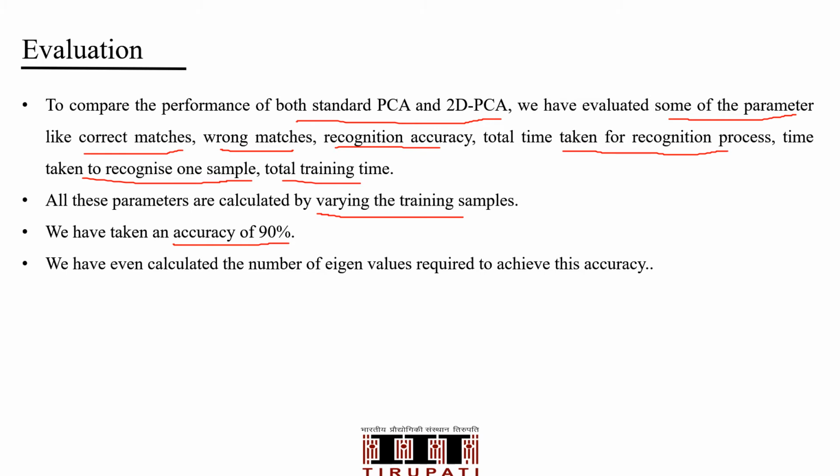Now, using these features, we are recognizing an image from our data set. In the extracted features, only a few of them will contribute the major portion of the information. Now, I am considering that portion to be 90%.